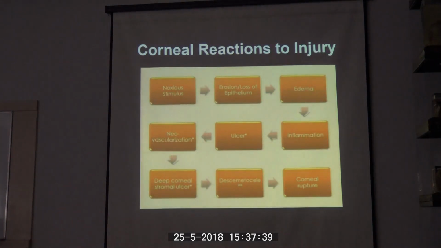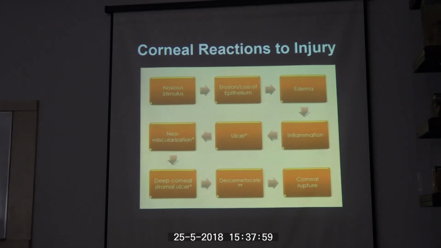Now, corneal injury. Generally we have a superficial insult to the corneal stroma that will lead to erosion and loss of epithelium, and that will then allow tear film to get into the stroma, so you will end up with edema.